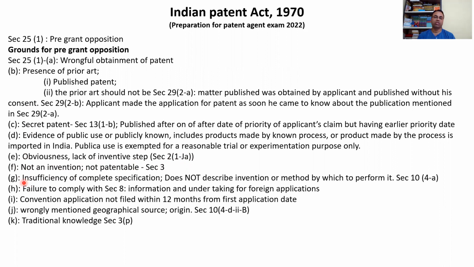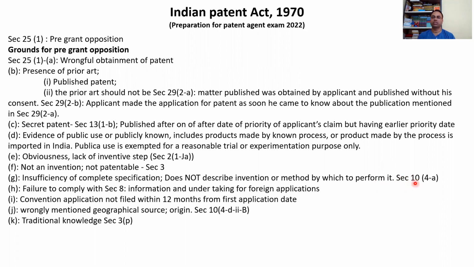Or if it's not that case, according to section 25(1)(g), insufficiency of complete specification. What it means is that it does not describe the invention or the method by which to perform it. If you can prove that the specification is insufficient, meaning whatever is given there, they have not described how the claim element is to be performed, then also that will be rejected.